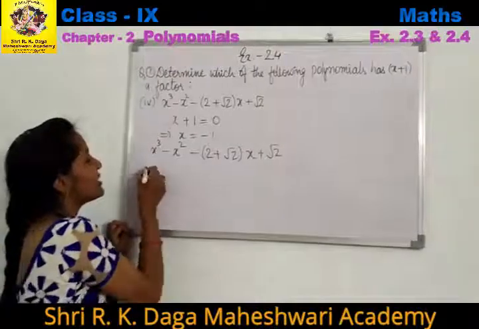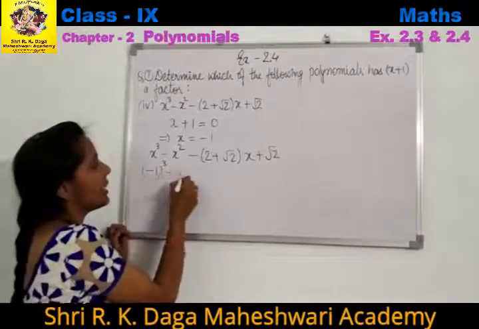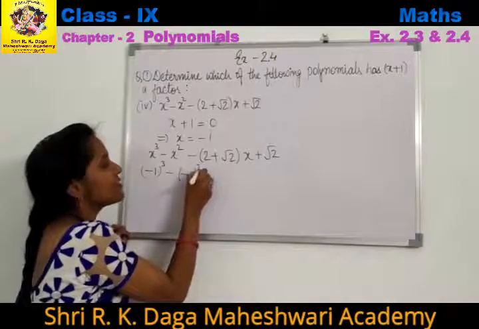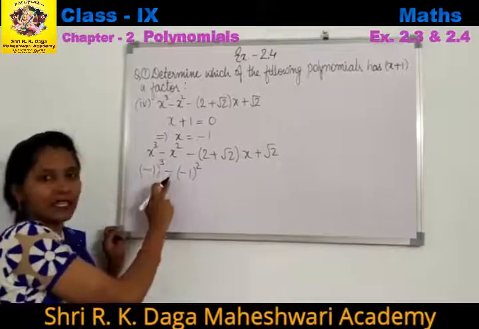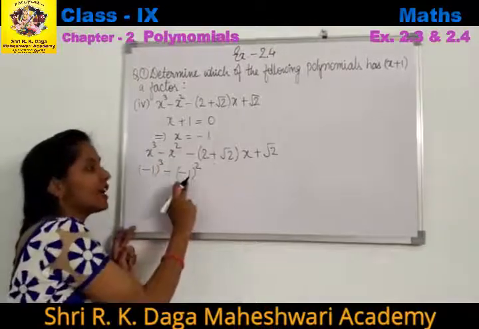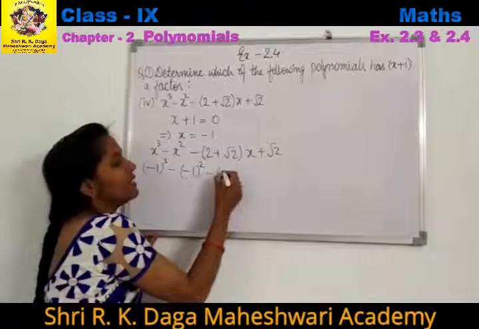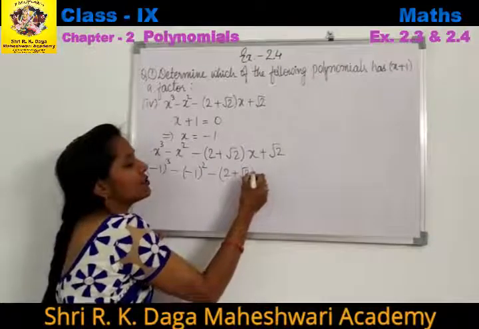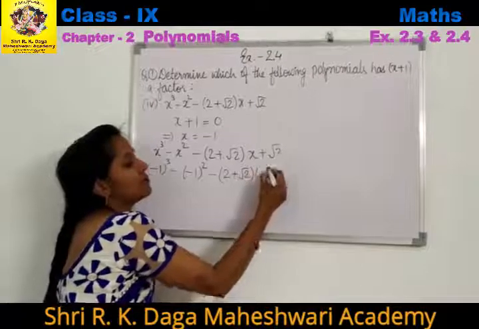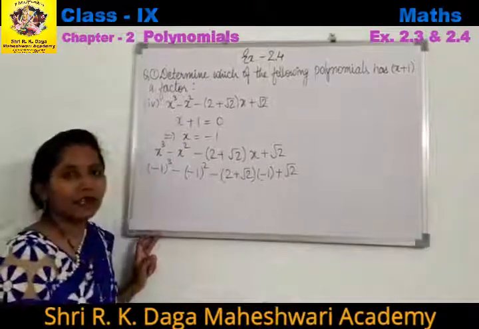When we put this, we get minus 1 cube minus 1 square, this minus sign as it is, and at the place of x we have written minus 1, then minus 2 plus under root 2, x at the place of x again minus 1 and then under root 2.